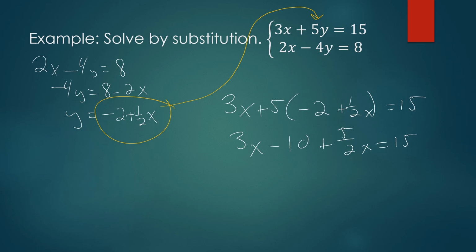3 plus 5/2, which is the same thing as 2.5. So essentially I have 5.5x is going to be the same thing as 25 if I add 10 to both sides of the equation. Now I want to divide both sides by 5.5.